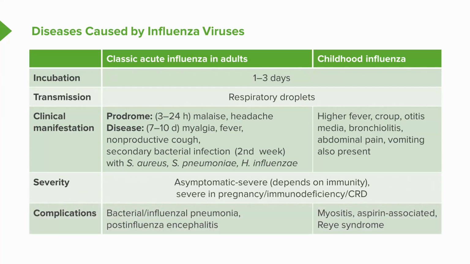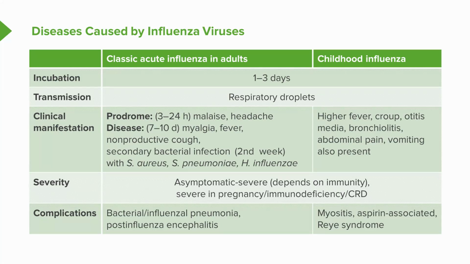The complications, and these are actually also contributors to the mortality, the death rate associated with outbreaks of influenza. In adults, the bacterial superinfections causing pneumonia, and also in some cases, especially with influenza B, there's a post-influenza encephalitis.